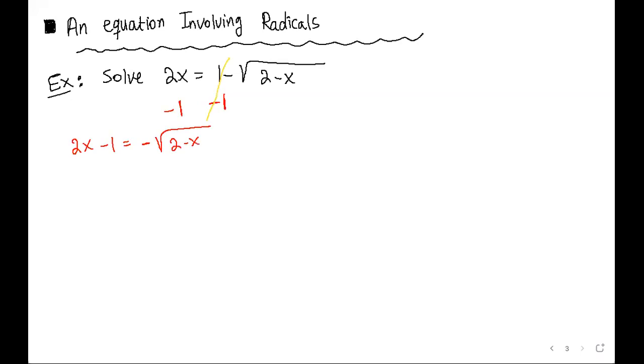Now I get the radical on one side and everything in the other side. Now to cancel this radical, how to remove it, I have to square both sides. So take the square of this side, take the square of this side.